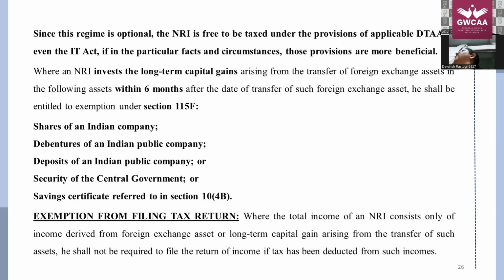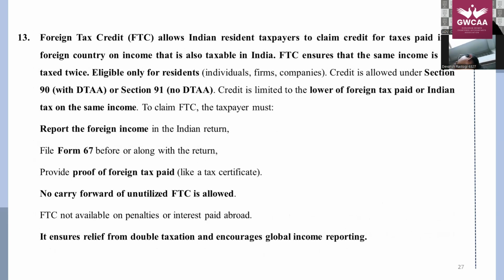13 point, foreign tax credit. Now friends, what is foreign tax credit? Foreign tax credit allows Indian resident taxpayers to claim credit for taxes paid in a foreign country on income that is also taxable in India.